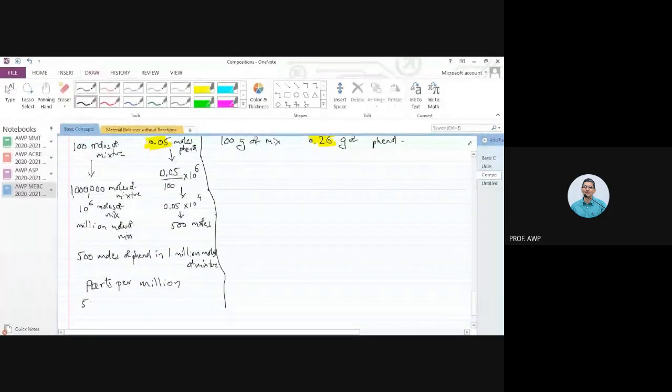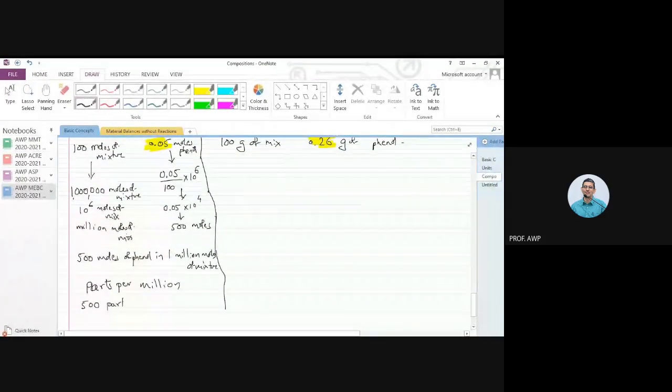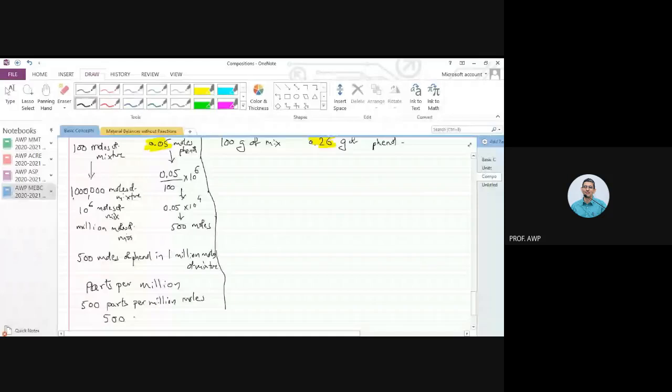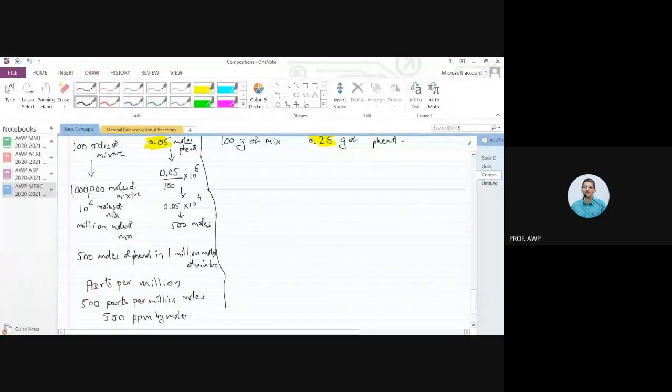We have 500 parts per million moles, or 500 ppm by moles. So 500 is a nice sizable number to communicate rather than 0.05.